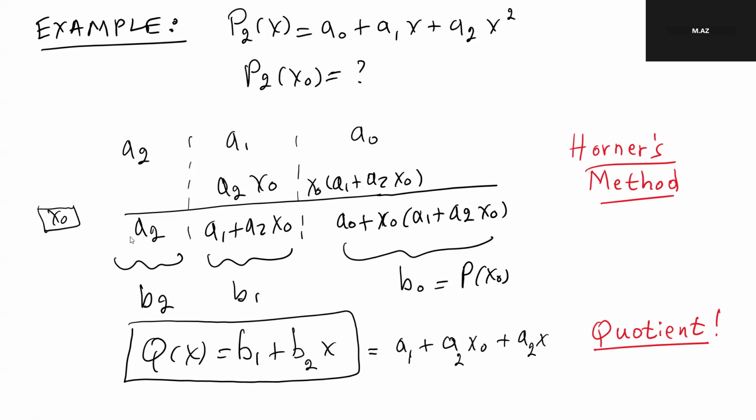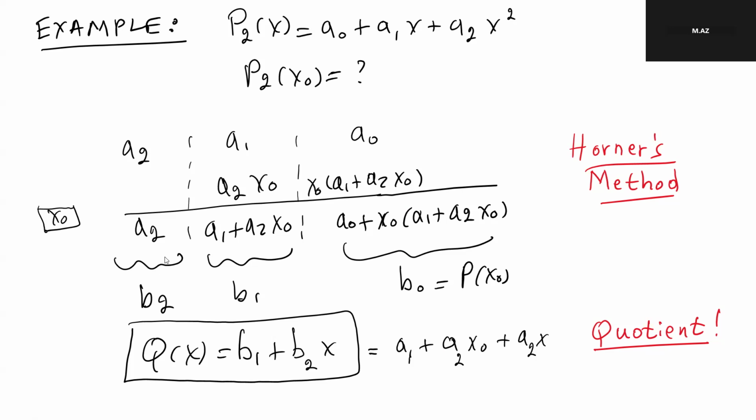How can we write the quotient? Because the quotient is always one order less than the polynomial function. What is the order of this polynomial function? It is 2, so one order less is 1.